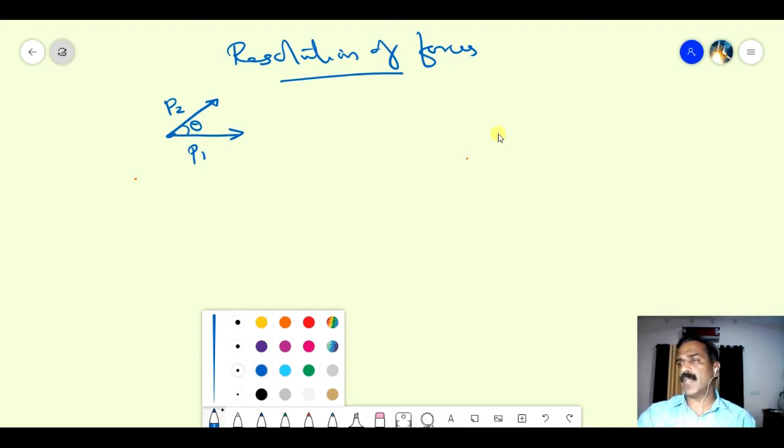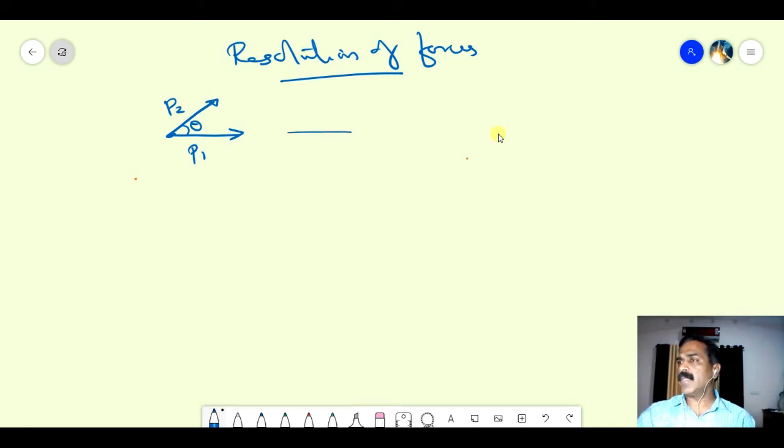That is, we can replace these two forces by a single force using a parallelogram. We will construct a parallelogram in such a way that these forces P1 and P2 will be represented by the adjacent sides of a parallelogram like this.